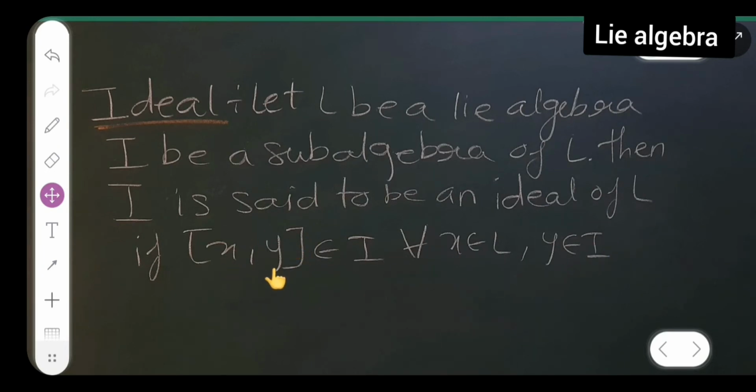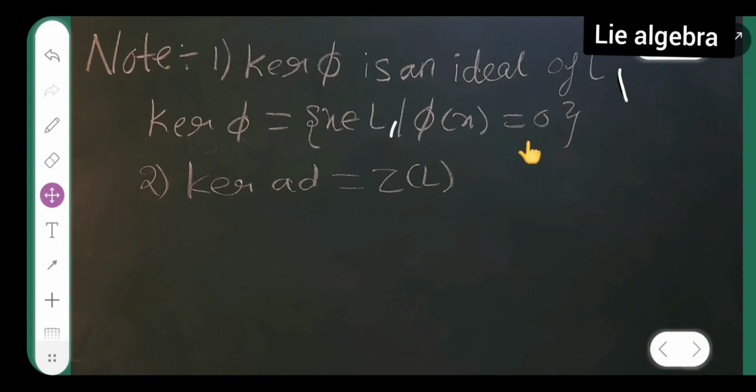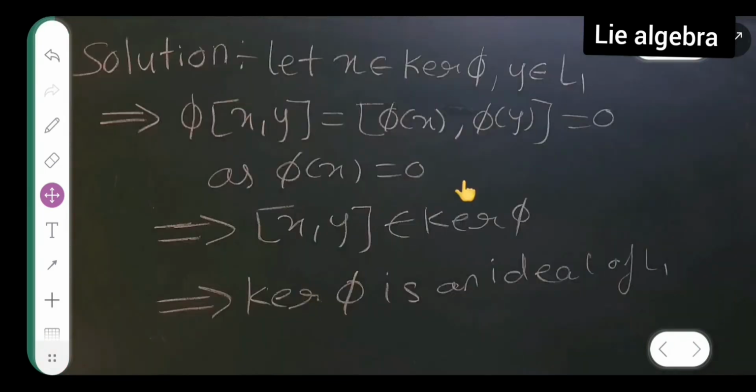This Lie bracket should belong to the kernel of phi, right? So that's what I have done over here. So this implies the Lie bracket of x comma y belongs to the kernel of phi, which implies nothing but that the kernel of phi is an ideal of L1.